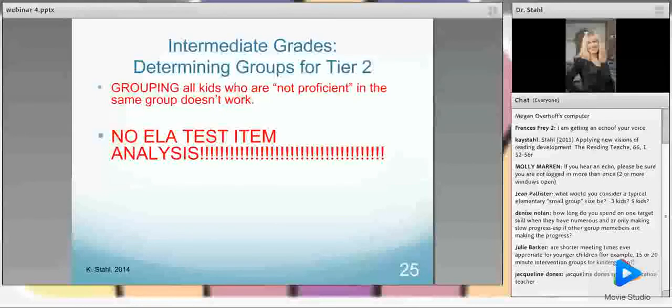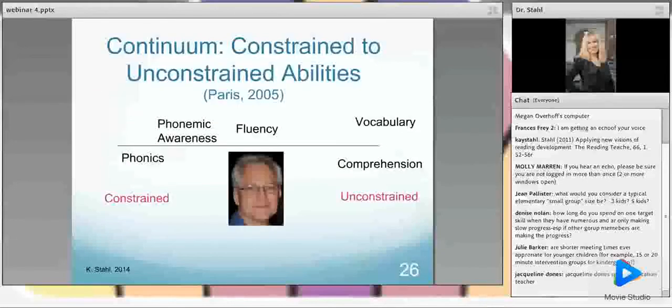The other thing that does not work is ELA test item analysis, or even looking just standard by standard at some kind of data, thinking that the children don't know this standard or that standard. For the most part, children who are having comprehension problems would probably have difficulty in all of the items because there is overlap among those items, and we're going to explain why in just a minute.